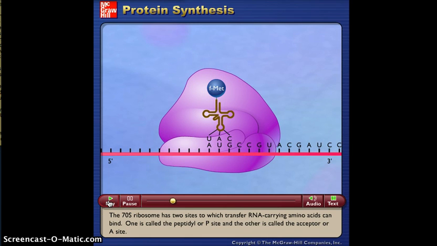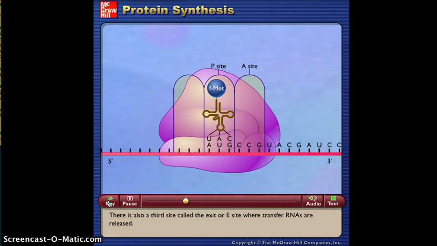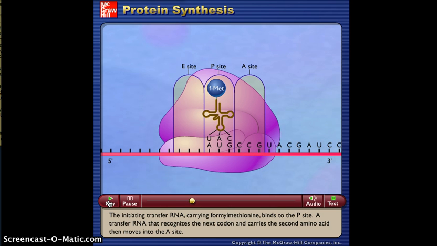The 70S ribosome has 2 sites to which transfer RNA carrying amino acids can bind. One is called the peptidyl or P site, and the other is called the acceptor or A site. There is also a third site called the exit or E site, where transfer RNAs are released. The initiating transfer RNA carrying formal methionine binds to the P site.